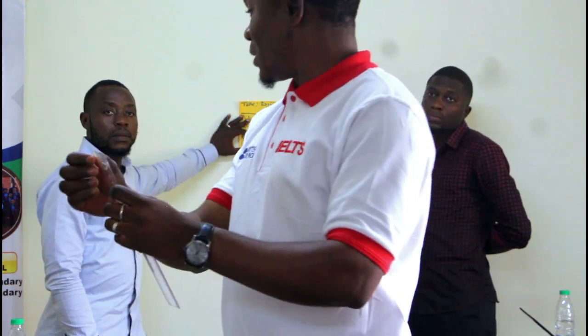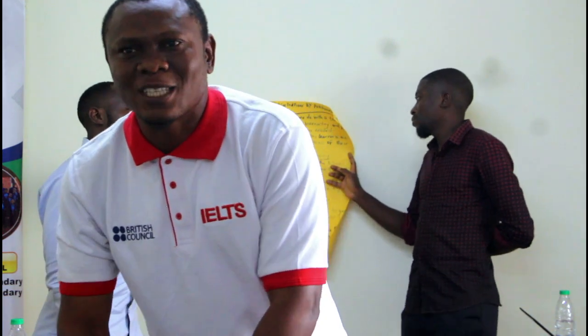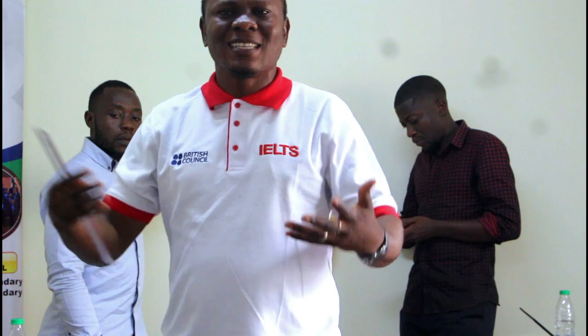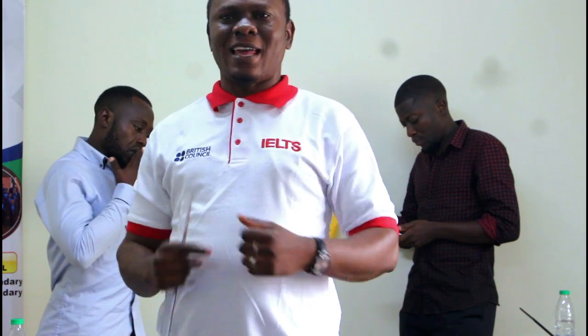What is the problem? How can I help you? Maybe you might discover that the learner doesn't even know how to read the scale on a ruler. And by that, you help the learner for that particular challenge, and he joins the other members, the other peers, and they are journeying together.